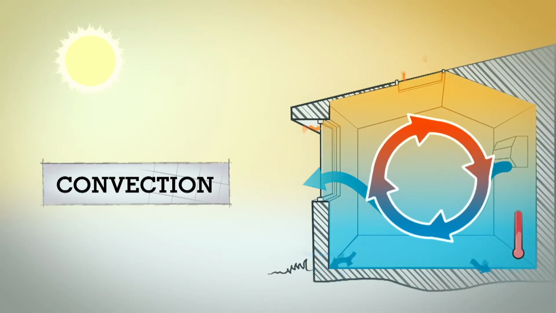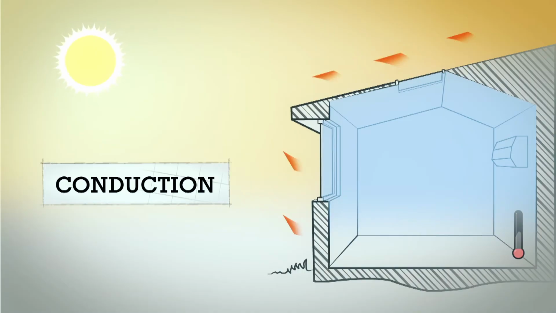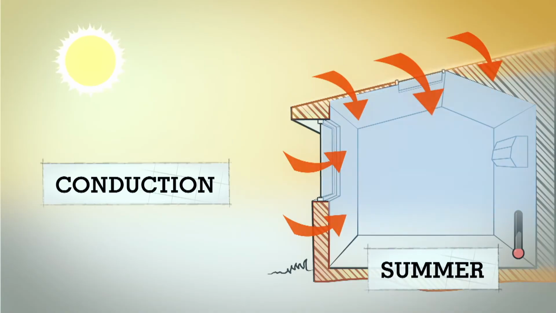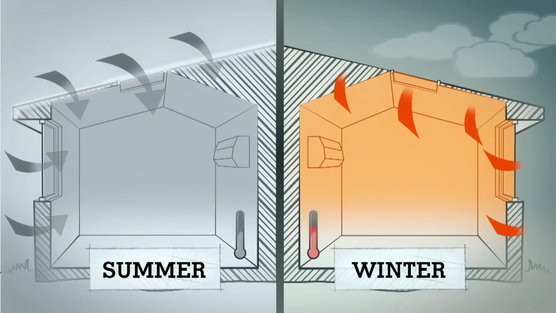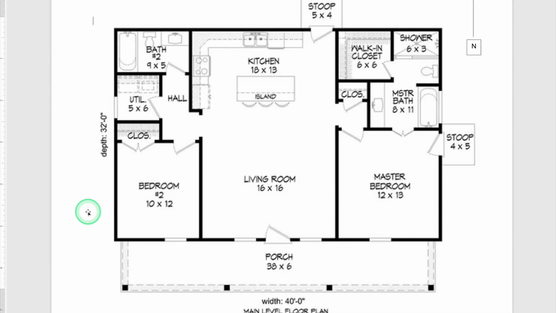The third way heat moves is radiation, which is through space. Like the sun, when you stand outside and let the sun hit your face, you're feeling the radiation from the sun. That heat is traveling through space and is in direct contact with your face, warming your body up, right? Wherever that sun is touching, you feel the radiation heat.